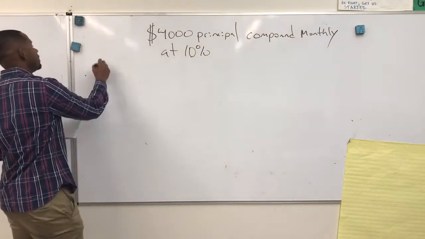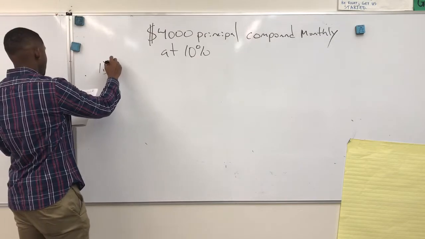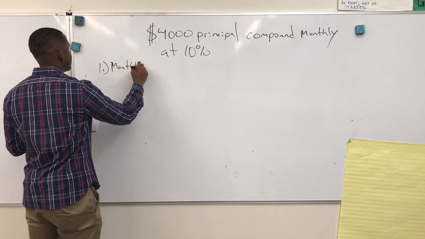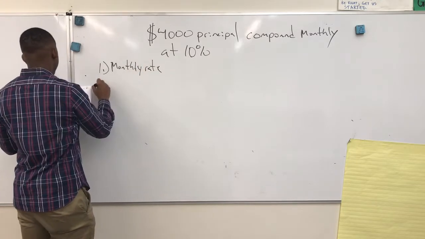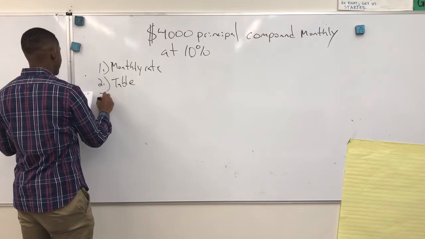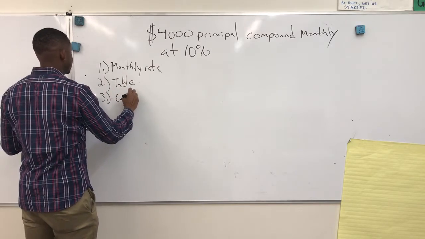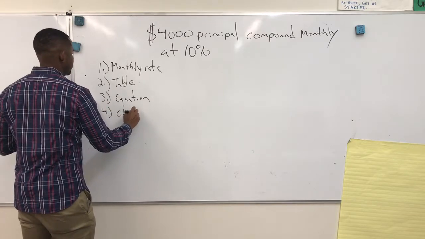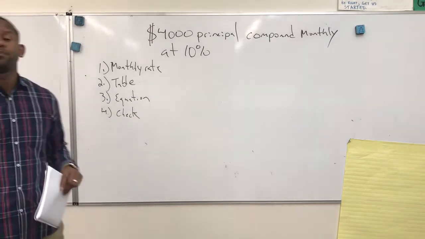Okay? So, I want you to figure out what's the monthly rate. I want you to figure out the table. I want you to figure out the equation. And I want you to check. You can pause here and do all those things.